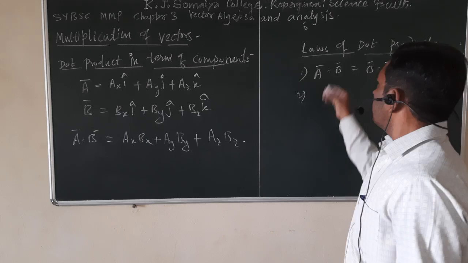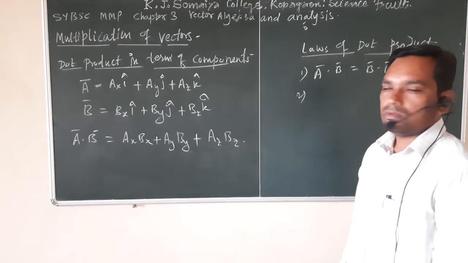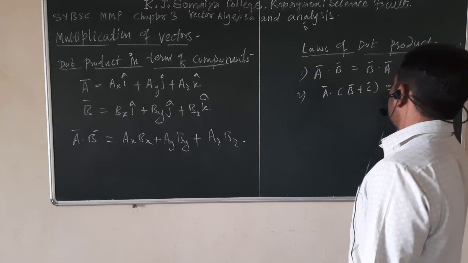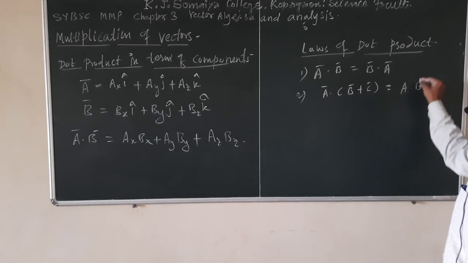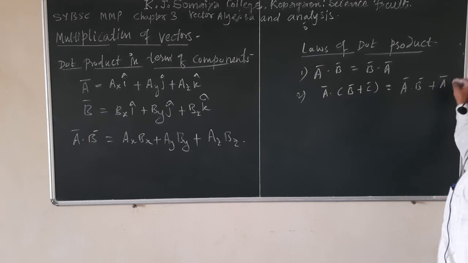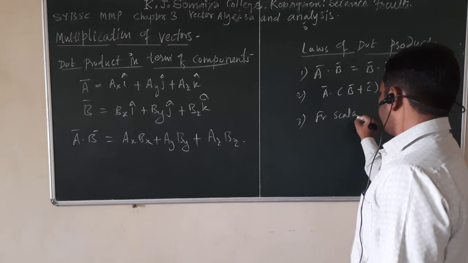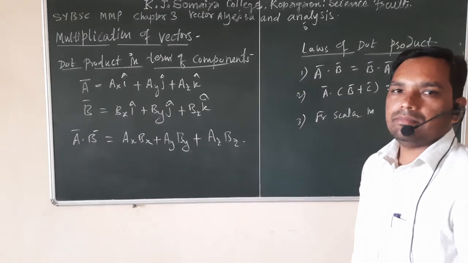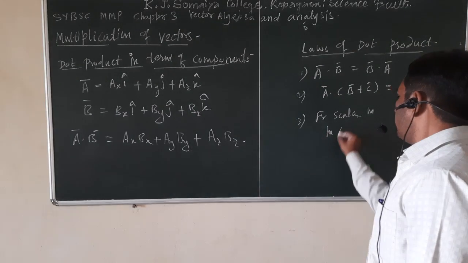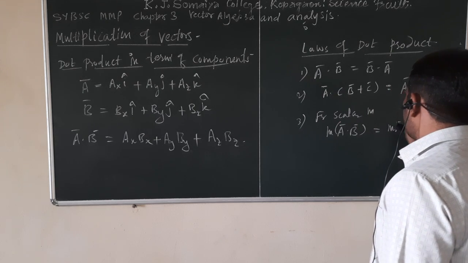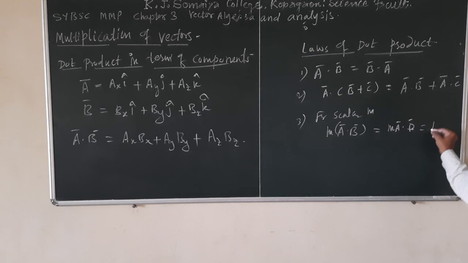Second, dot product is distributive, which means vector a dotted with vector b plus c is equal to vector a dotted with b plus vector a dotted with vector c. Okay, third property, for a scalar m. Suppose m is any scalar, then m multiplied by the dot product is nothing but you can multiply m with the first vector, or you can multiply m with the second vector.